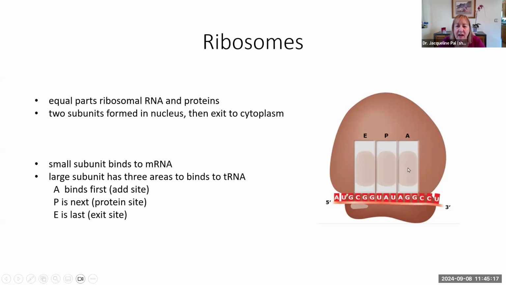And from there, the transfer RNA will be moved to the P site, the protein site, where the protein chain is getting longer and longer. And then it moves to the E site, which is where the transfer RNA exits. The protein stays in the P site, and then the transfer RNA without any attached amino acid exits from the E site.